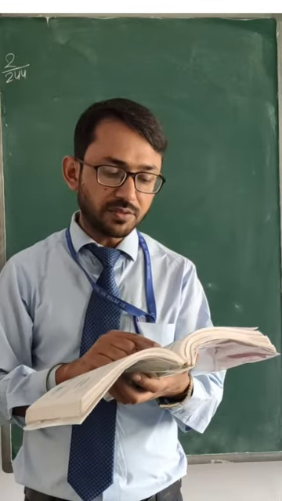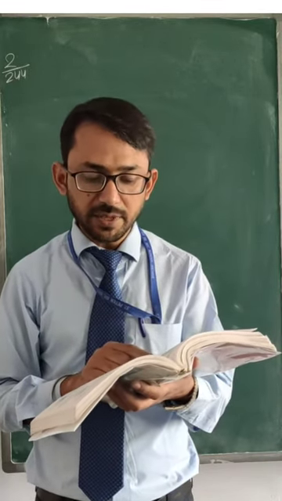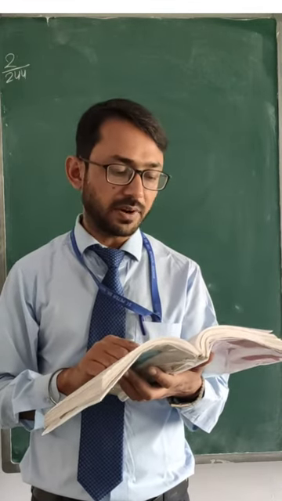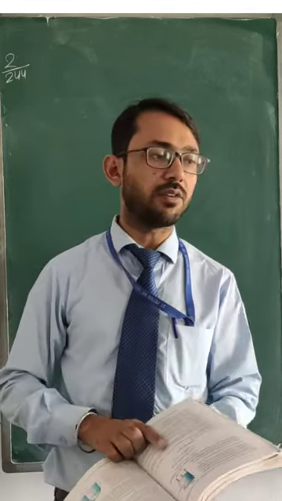The diameter of the hemisphere is 14 centimeter and total height of the vessel is 13 centimeter. Find the inner surface area of the vessel. Please take care of this thing.